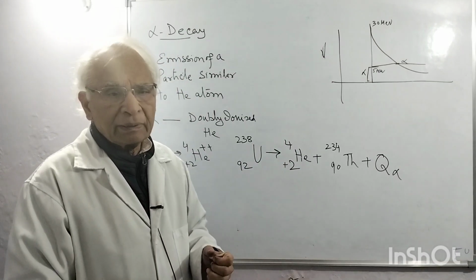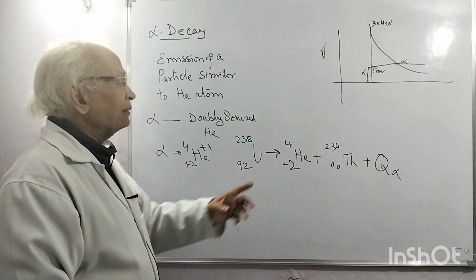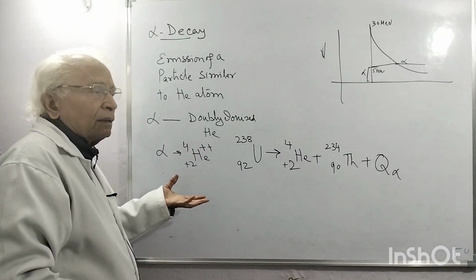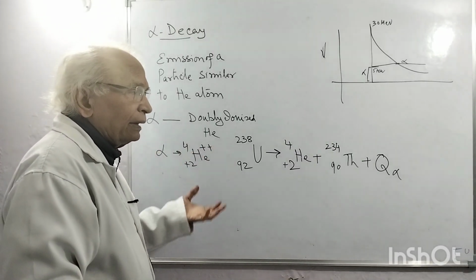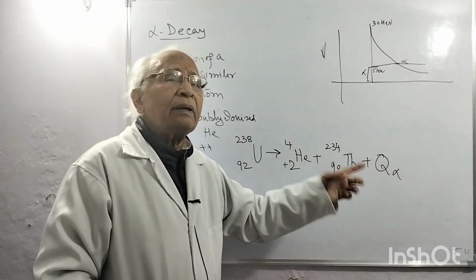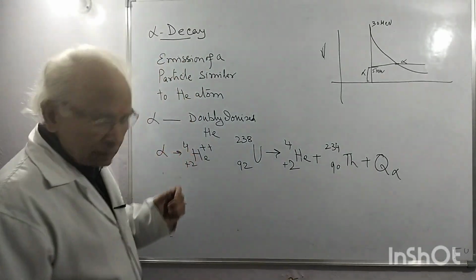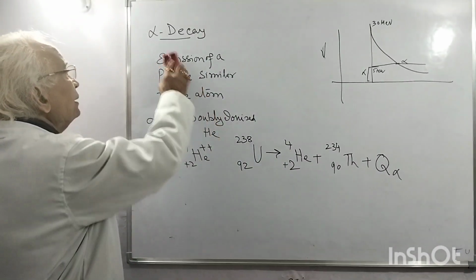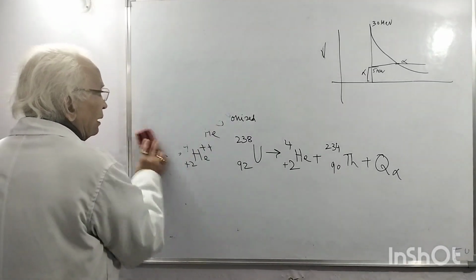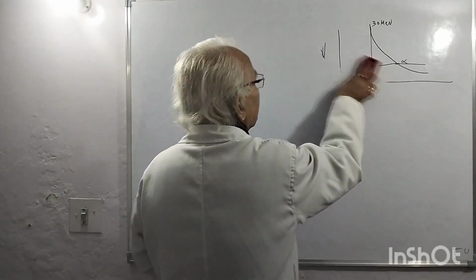When there is alpha emission, there may be gamma associated also, because the residual system may be radioactive, in excited states. And hence, in natural radioactivity, with the beta decay and the alpha decay, we also have gamma decay.